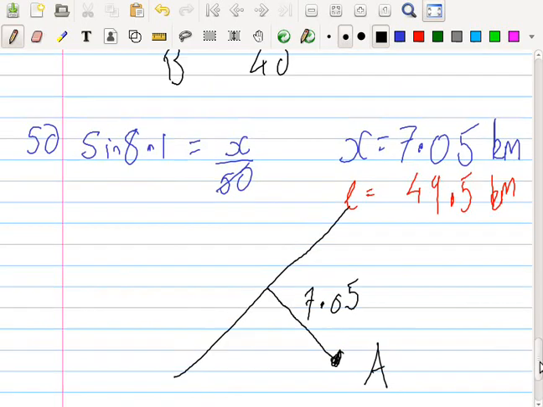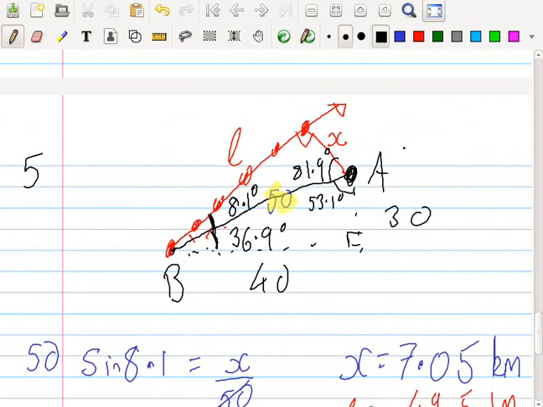Because the formula is L squared plus x squared equals 50 squared. And you want the L, so this comes over as a minus. No, I misread it. He wants the L, but I got the x first anyways. He wants to know, if you look at there, how far has ship B traveled? That's the L.